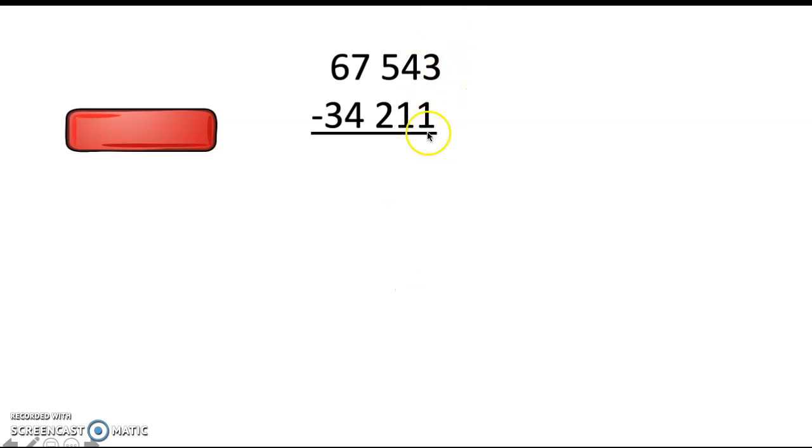So the first one, we have the units placement, and we have 3 minus 1, which is 2. So now we want to go the same way as we did before, we're just subtracting over here. So now we have the tens column, and what would this be? 40 minus 10, so then we would have 30 right there for the tens column.